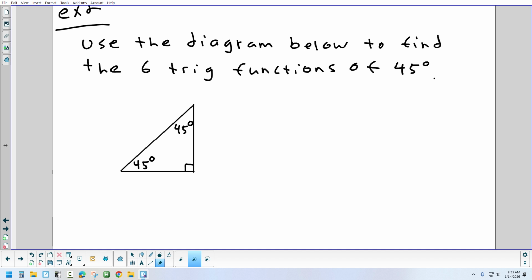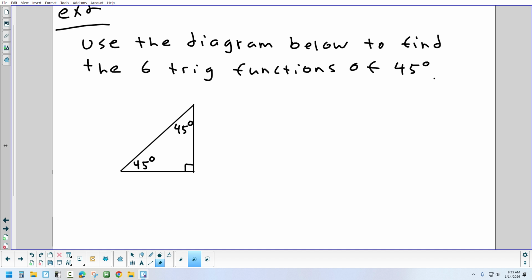So what are the different numbers you could use for the legs? How many different 45, 45, 90 triangles could you draw, size-wise? An infinite amount. Does it matter what size 45, 45, 90 you draw? No, it doesn't matter. You just have to pick one and draw it.